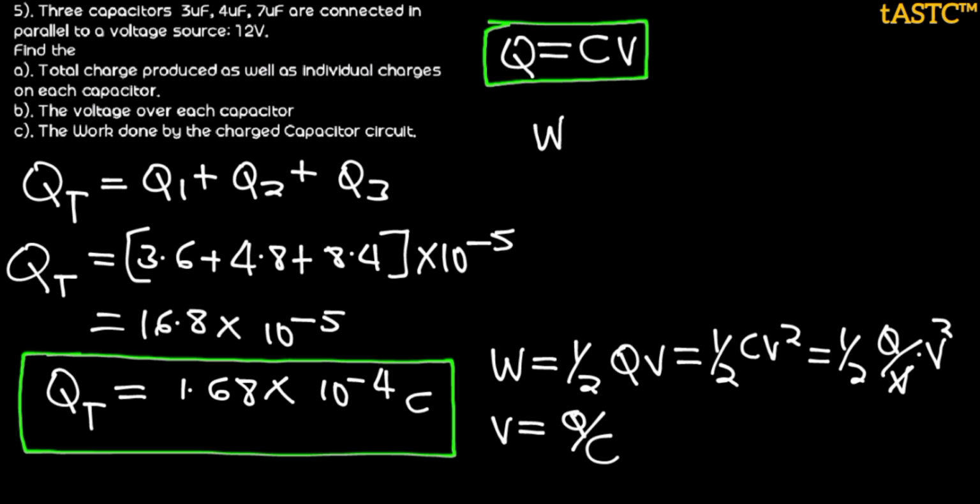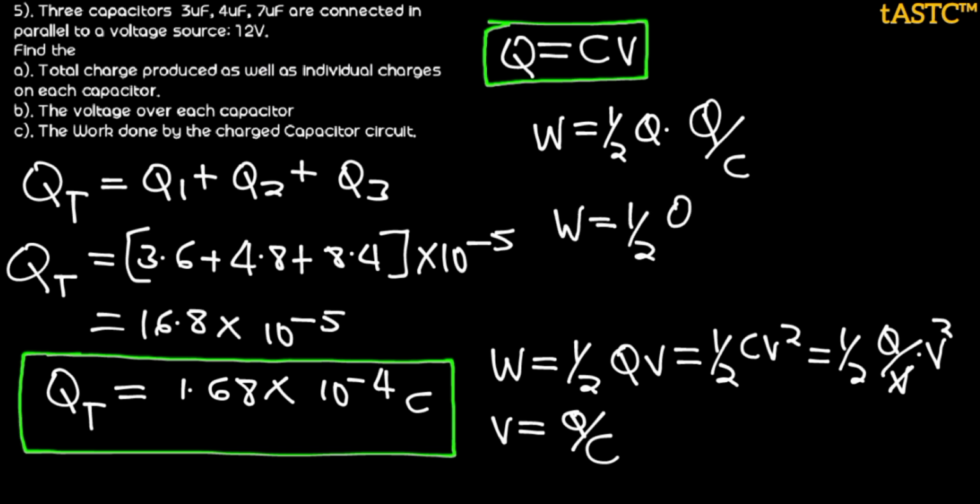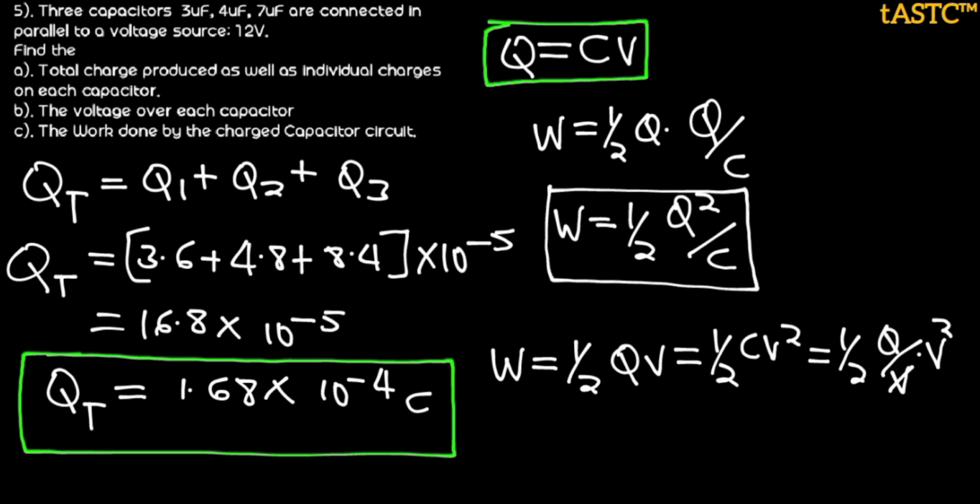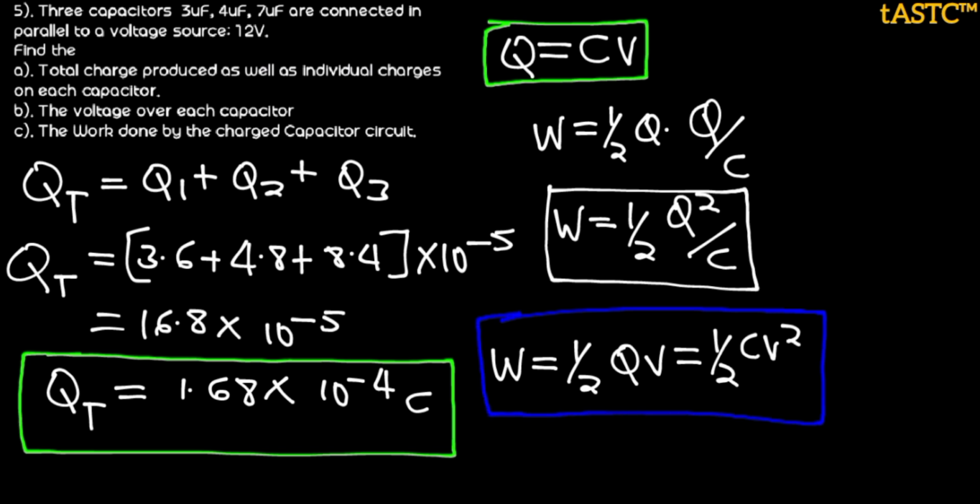So work done will be equal to 1 over 2 Q multiplied by V, which is Q divided by C. So work done could also be represented as Q squared divided by 2C. These are the three forms that you could use to find out the work done or the energy stored within a capacitor. So always remember these ones. Based on the parameters which are given to us, we're going to use them.